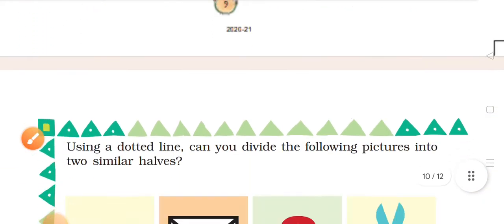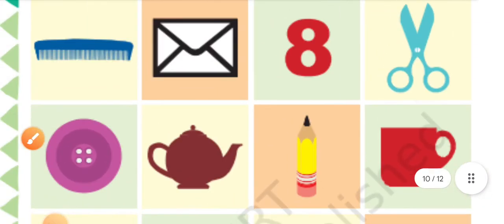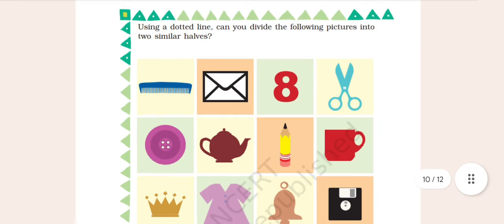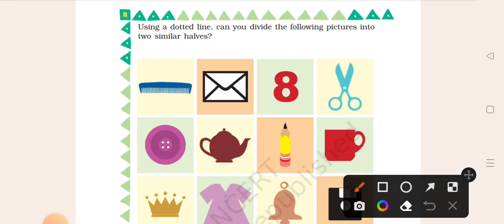Now the next. The comb can divide from that. The envelope can divide from the straight line, and 8 can divide from that. A scissor can divide from that. A button can divide from it. A teapot will not have.